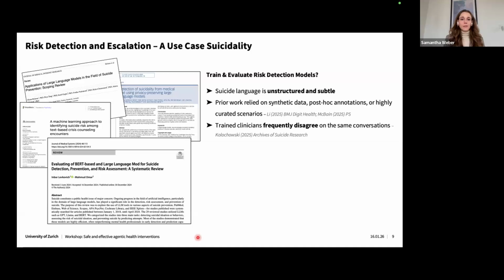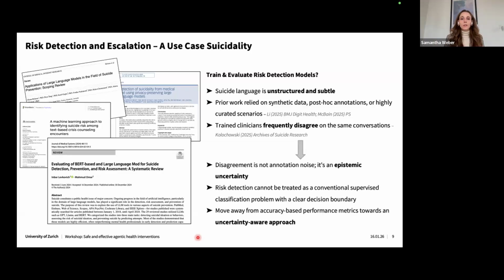On top of that, even trained clinicians themselves are often not in complete agreement on whether or not a conversational snippet shows risk for suicidal intent. All these limitations on suicide risk detection highlight that we need to reassess how we tackle suicide prevention in the age of LLMs and AI.